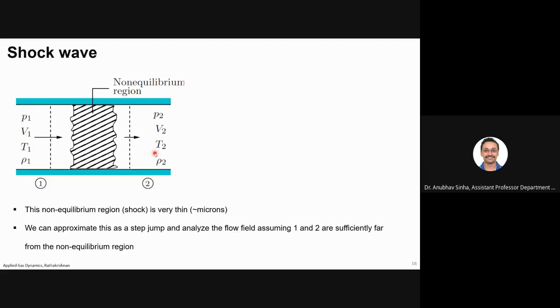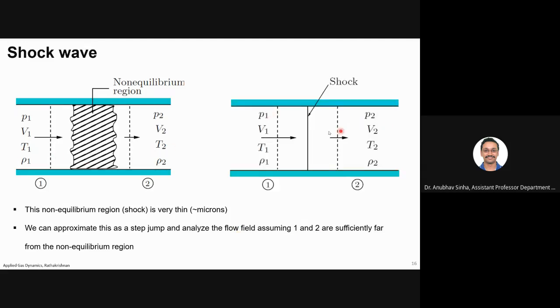We'll just draw a line and say that this is the shock, and we assume that these equilibrium conditions are far away from the shock. Since the shock is very thin, you can come closer also, but relatively it is still far compared to the thickness of the shock. These two are quite far from the shock region, or non-equilibrium region. Is this clear?